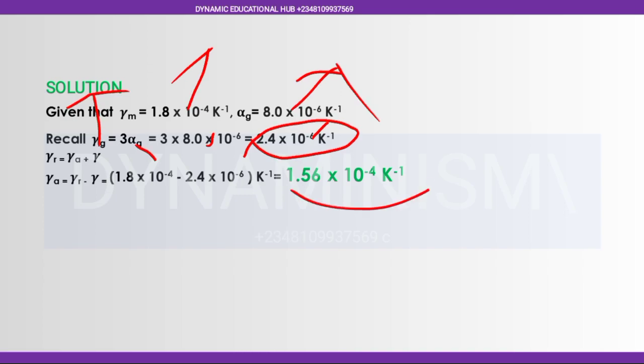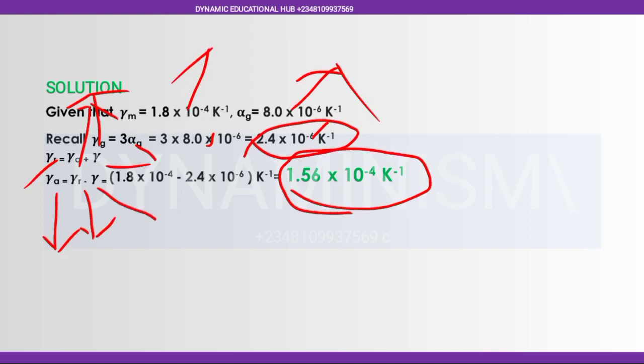The solution is actually correct. It's just that I made a mistake while typing the indexes. Now, don't forget that your coefficient of real expansivity is equal to the apparent expansivity plus the expansivity of the glass. So the apparent expansivity will be the real expansivity minus the expansivity of the glass.